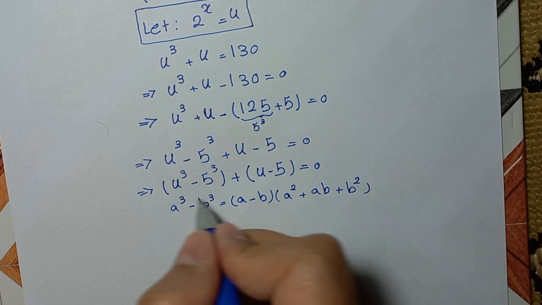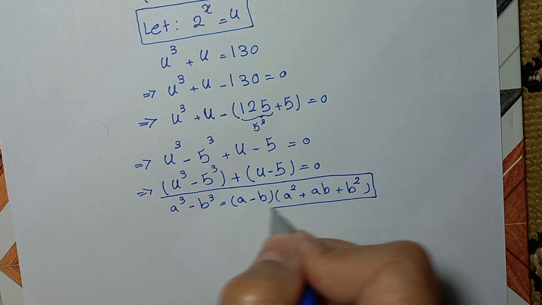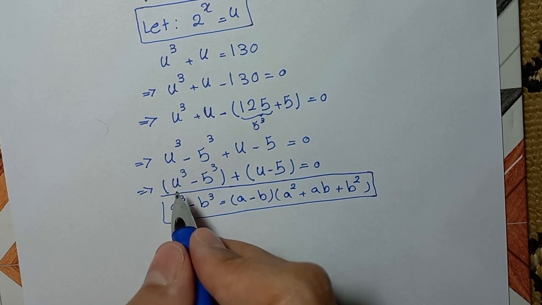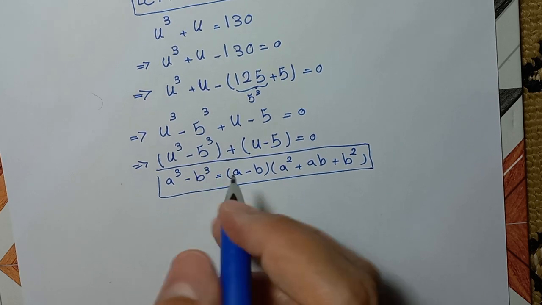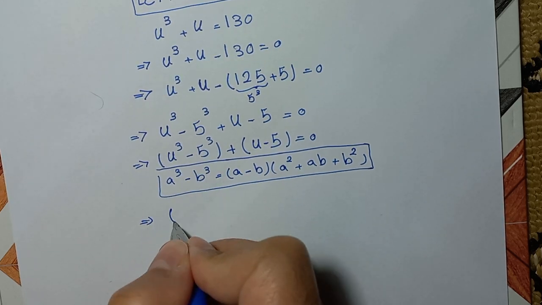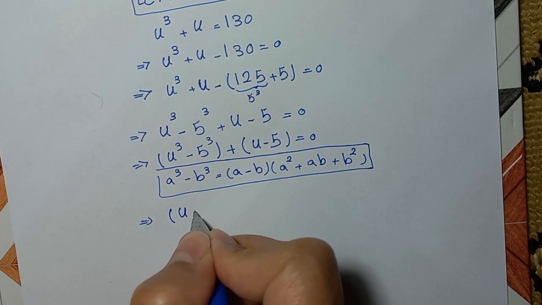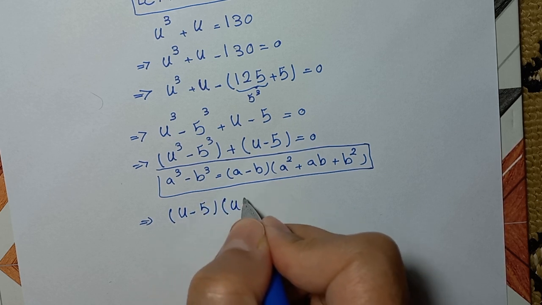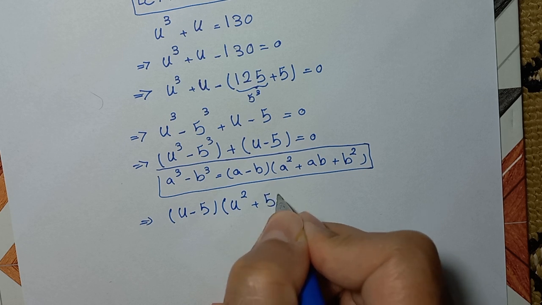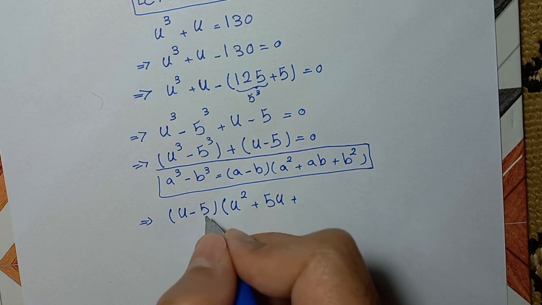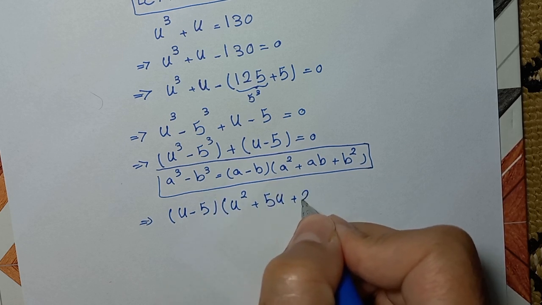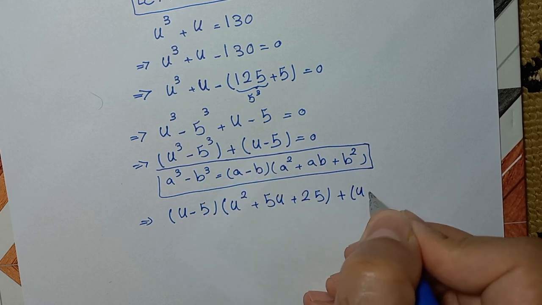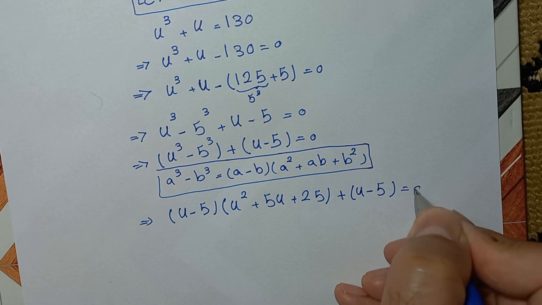So from this interesting formula, in here we can write u cube minus 5 cube, we can write this as, from this formula, u minus 5 times u square plus 5u and plus 5 square, and 5 square it will be 25. Also in here we have plus bracket u minus 5 is equals to 0.